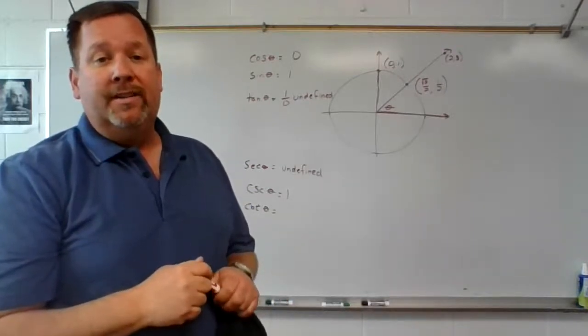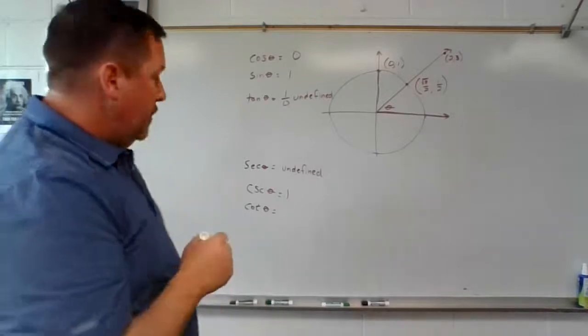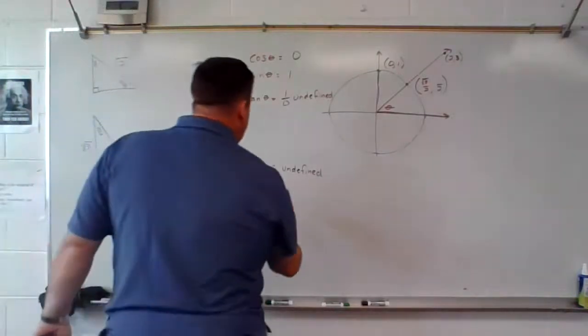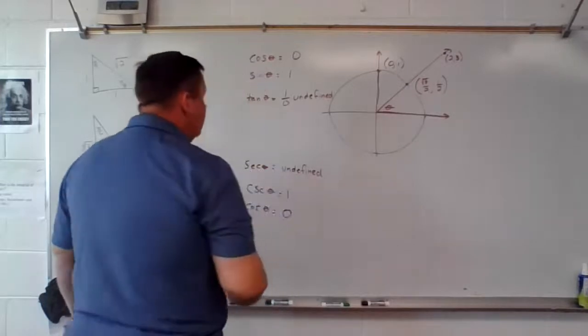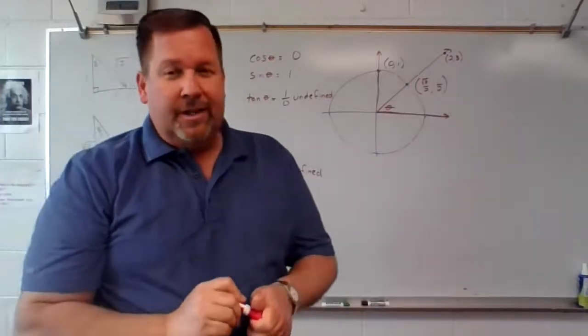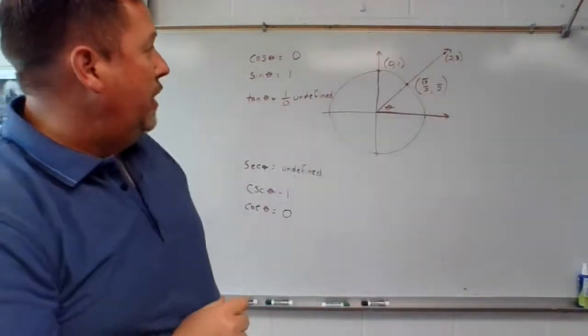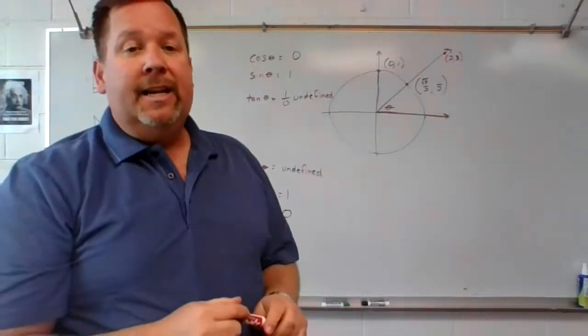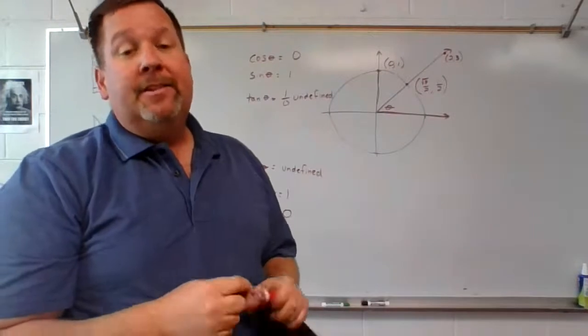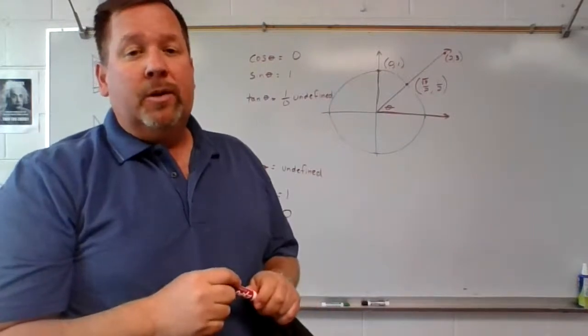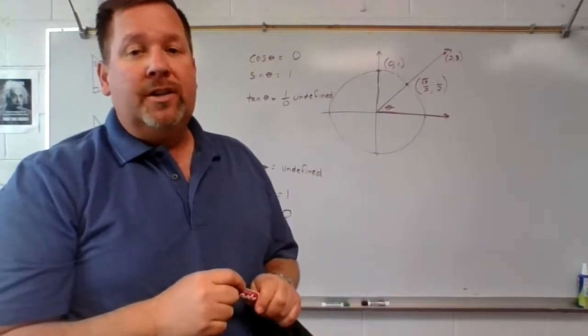I have 1 in the denominator, not a 0. And the value of cotangent is 0. So using the unit circle gives us flexibility to find some angles like that. We could do the same thing with 180 degrees or pi radians. And we'll get to explore some of those in our homework questions as well.